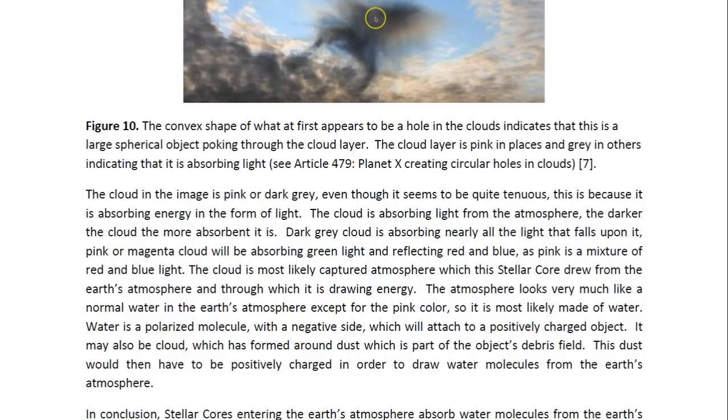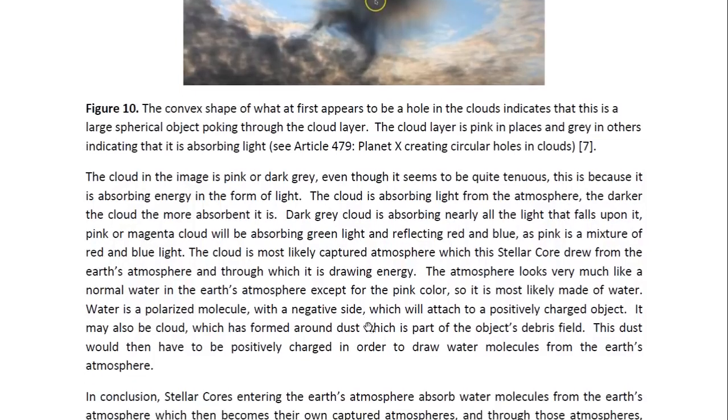The cloud is most likely captured atmosphere, which the stellar core drew from the Earth's atmosphere and through which it is drawing energy. The atmosphere looks very much like a normal water cloud in the Earth's atmosphere, except for the pink color, so it is most likely made of water. Water is a polarized molecule with a negative side, which will attach to a positively charged object.